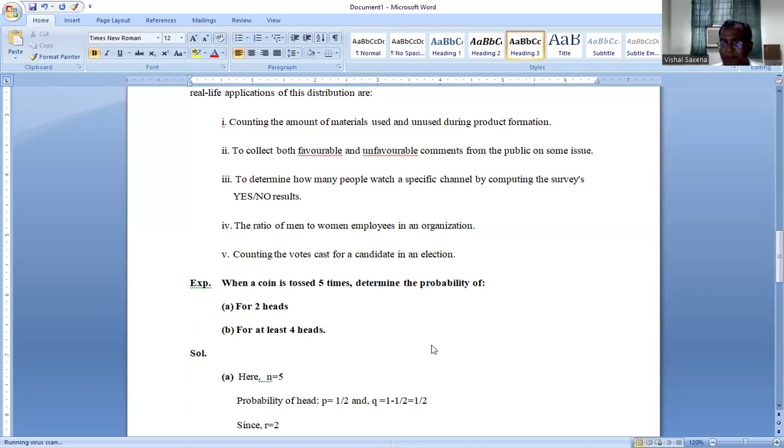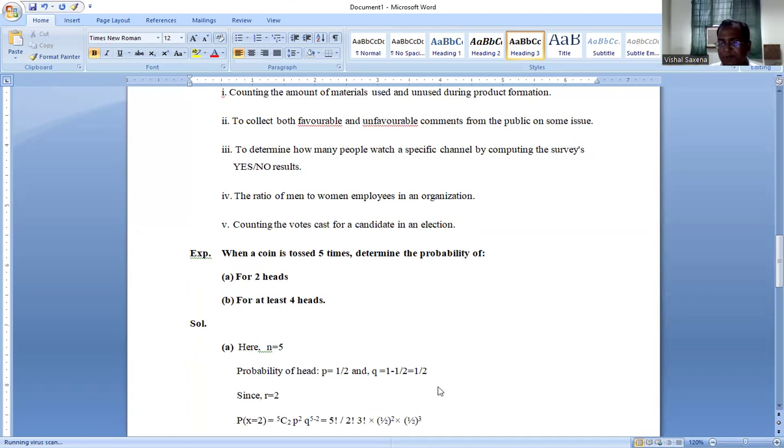The question is to determine the probability for two heads and for at least four heads. Look at this one. What is our event? Suppose the event is getting a head when tossing a coin.